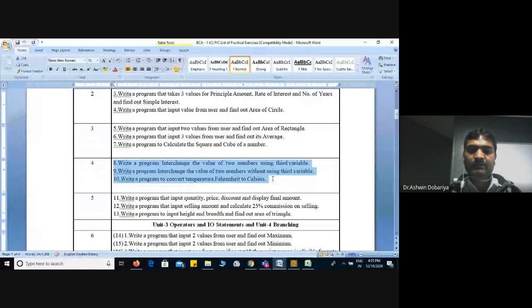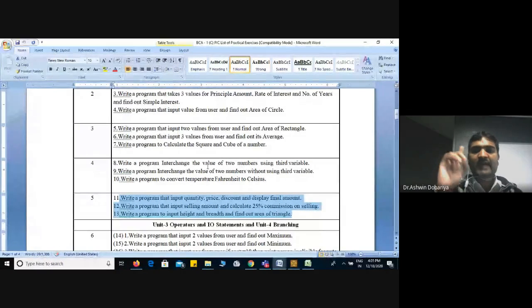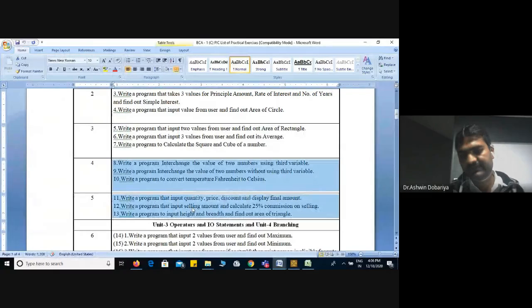If you are able to do this, then continue with 11, 12, and 13 also. At least target one program in a day, so in 1 week you can finish at least 5 to 6 programs. If you have any query about errors, you can send me a WhatsApp message: sir, I'm getting this kind of error.